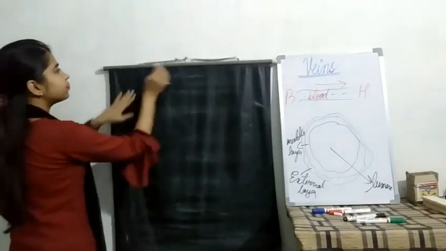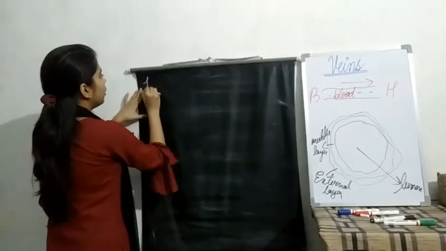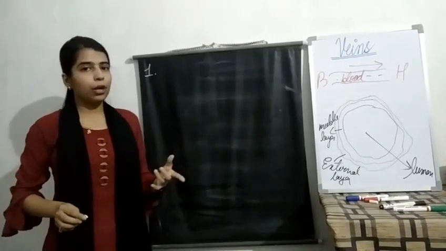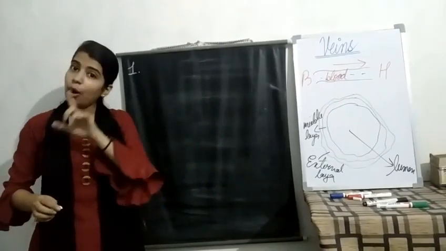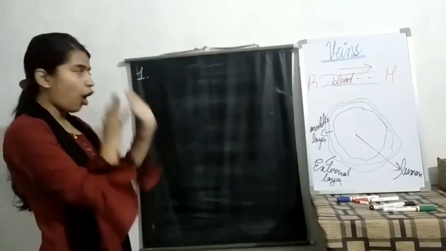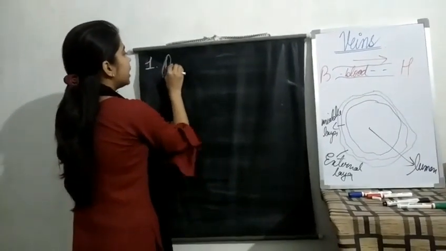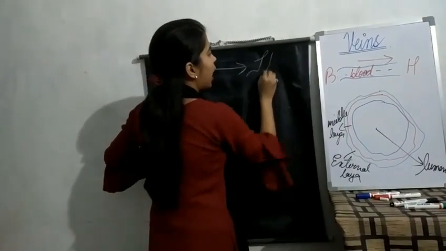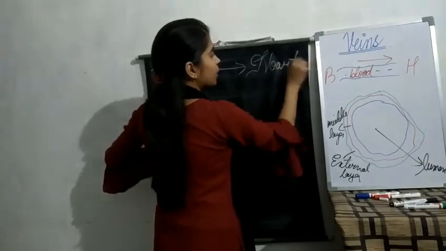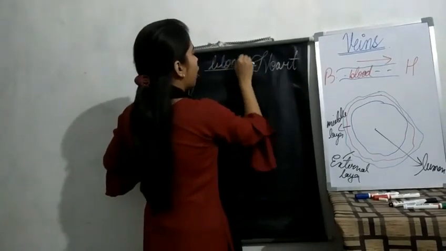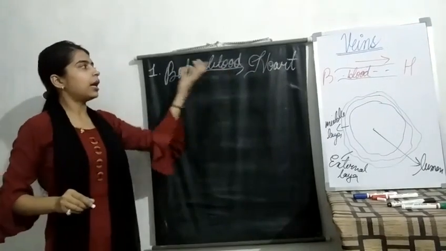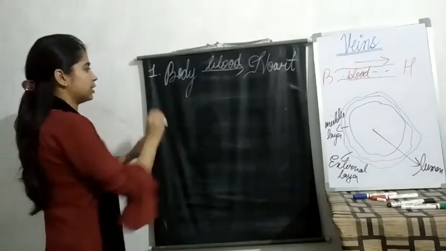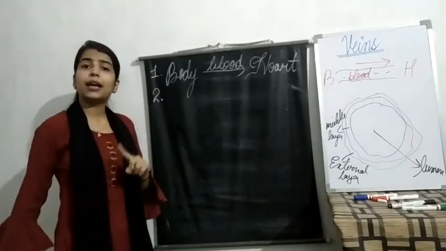So see, in arteries we learned that arteries carry the pure blood from the heart to the body parts. Veins have the opposite function, that is, they will carry the blood from the body parts to your heart. Now see, what was the second point of arteries?